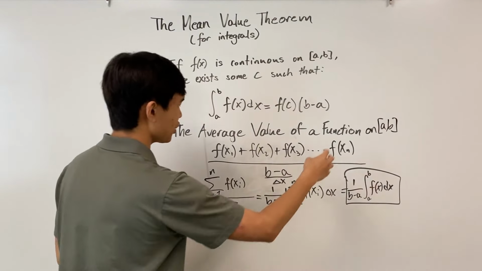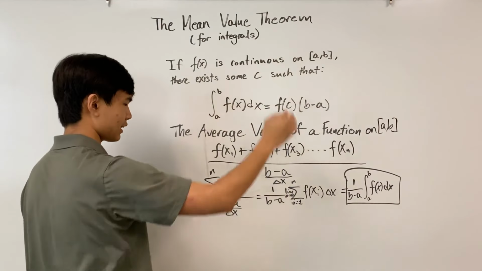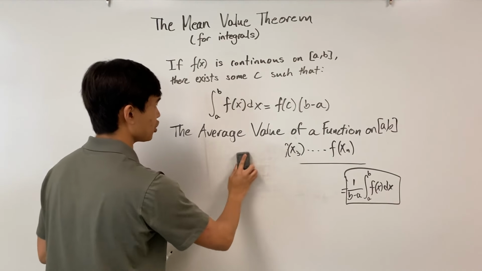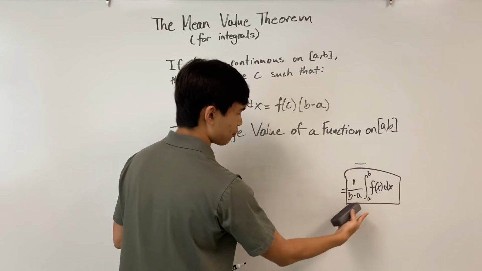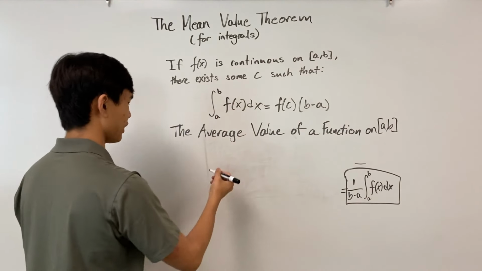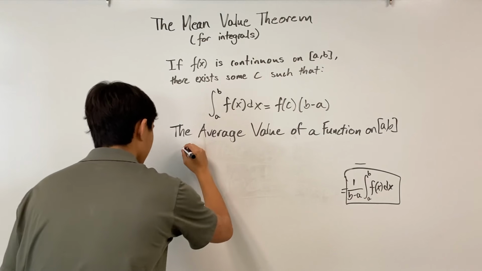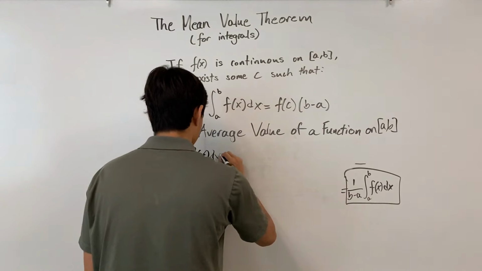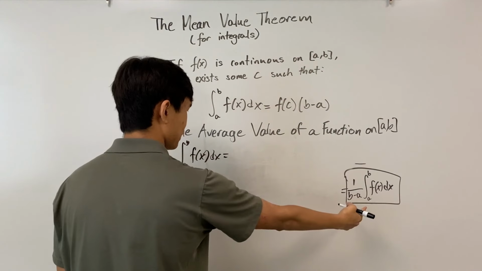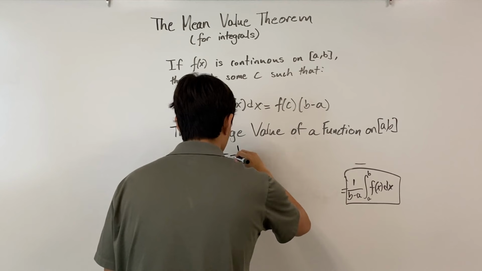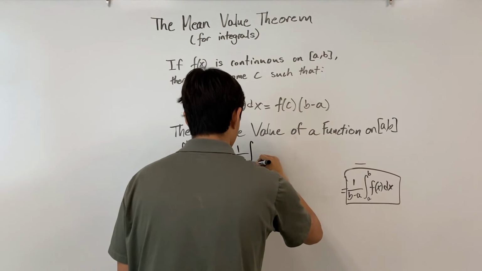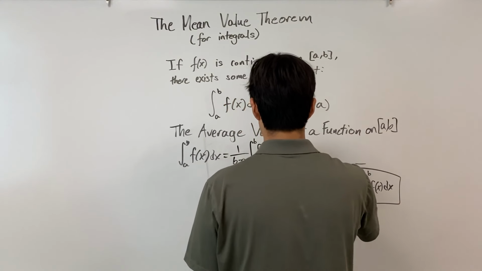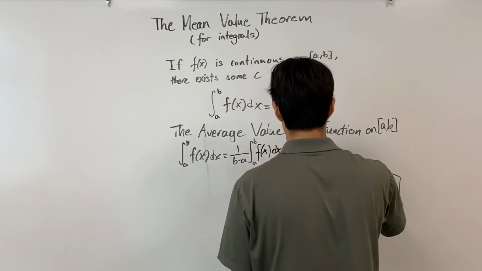Remember how I said there's a relationship between this and this? Well, notice how we had the strange f of c here. What if we plug this into this? Then what do we get? On the left, it's the integral from a to b of f of x dx equals, now substituting this for f of c, 1 over b minus a times the integral from a to b of f of x dx, times b minus a.